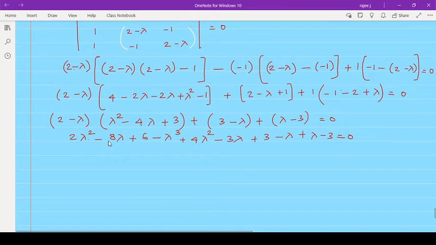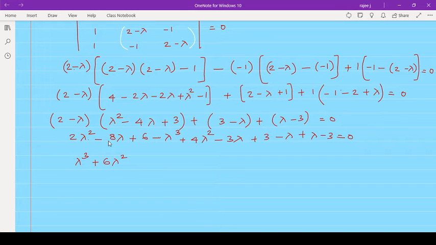So now you can see here the lambda cube term. So minus lambda cube, then this is 2 lambda square plus 4 lambda square, so it is plus 6 lambda square.